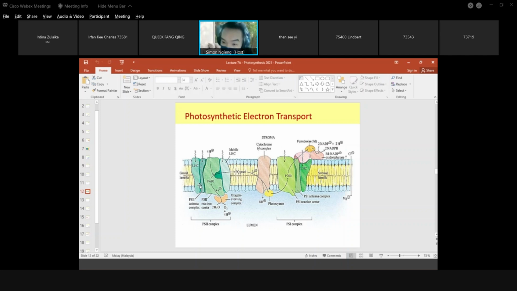That electron is going to be transferred, which is why the earlier slide mentioned it is very similar to your electron transport chain inside the mitochondria. It is transferred, transferred, transferred, and at the end of the day that electron ends up at your NADP.